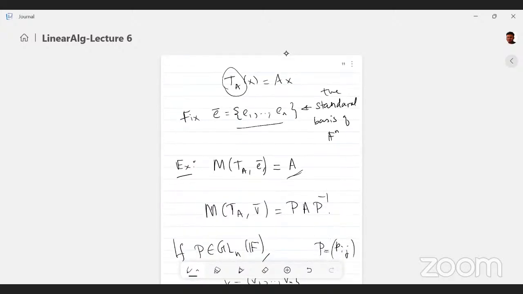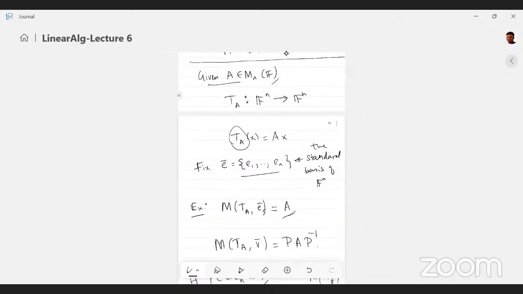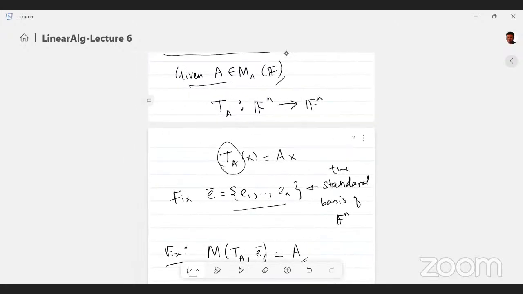If you take any other basis, then the matrix of that linear transformation with respect to that basis will be a conjugate of this A. And any conjugate can be made into the matrix of this TA with respect to some basis. So this completely characterizes all the elements of the similarity class.